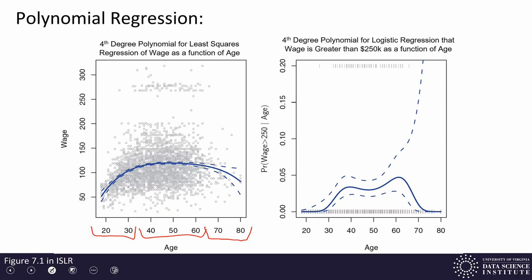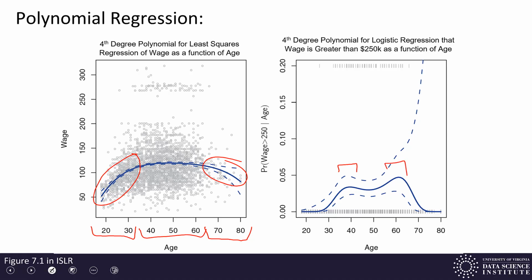And in fact, in this polynomial, you can see that the increase through the early years seems to be steeper than the leveling off through the later years. On the right-hand side, we have a fourth degree polynomial used to do logistic regression. It's a regression to predict the probability that wage is greater than 250,000 as a function of age. We have this peak here at about 40, and then this later peak.